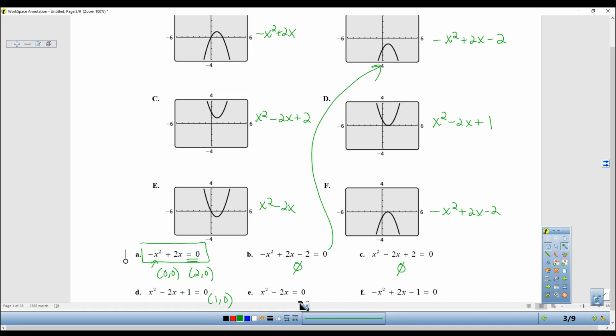Letter E, right there, is going to be 0, 0, and 2, 0. And then the last one, F goes with, where is it? Oop, with F. So this one should have been minus 1 right here.